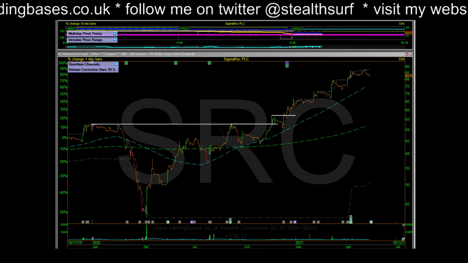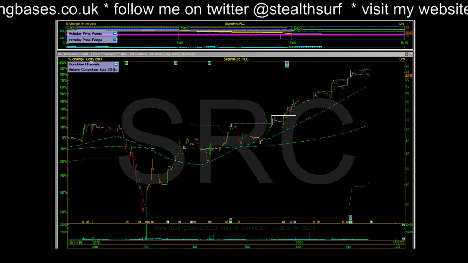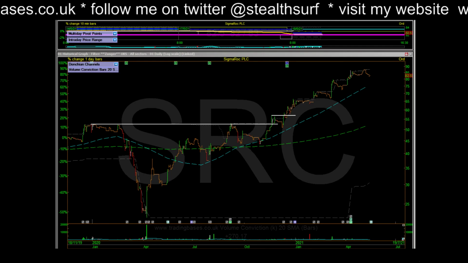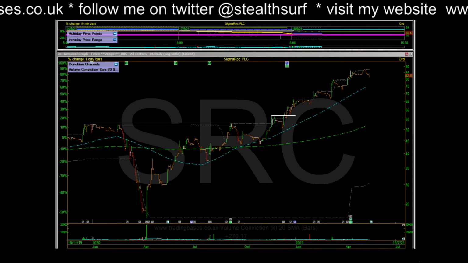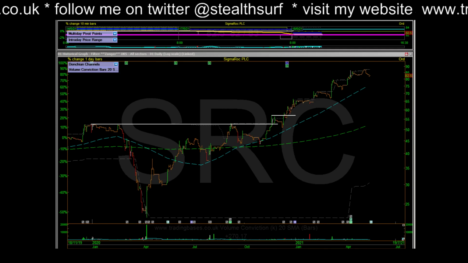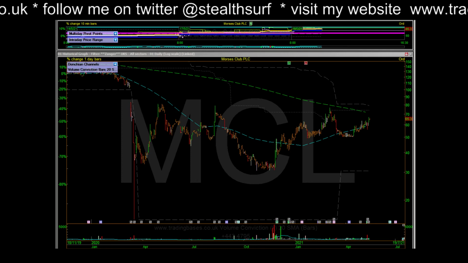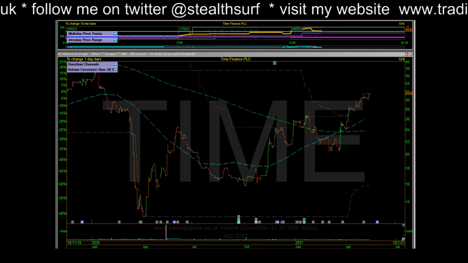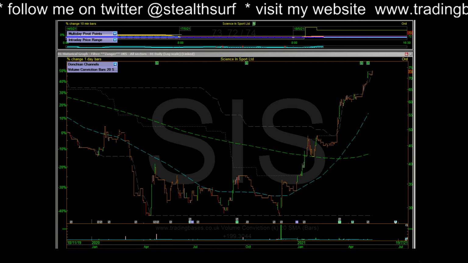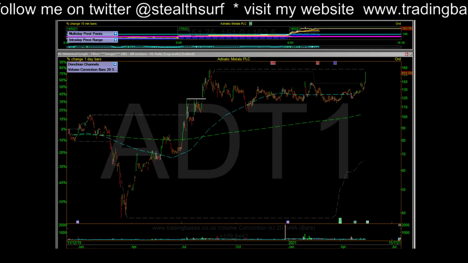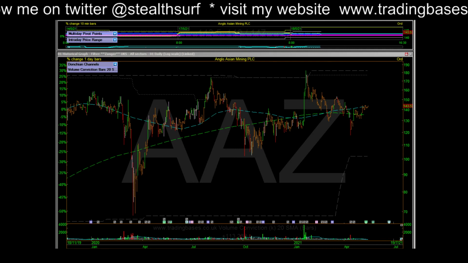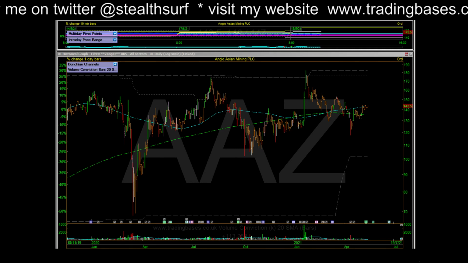So, yeah, metals and mining and a general mix. Few oilers in there, not many. 6, 7. So oilers second place actually. SRC. EAZ, still just chopping around.